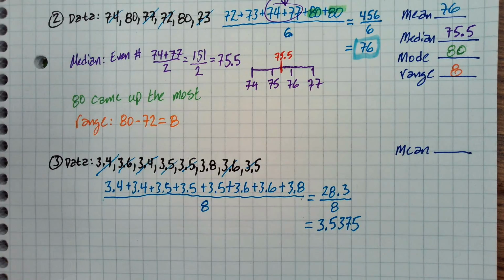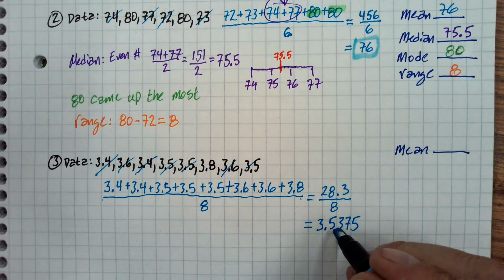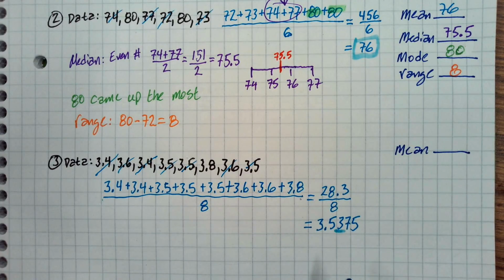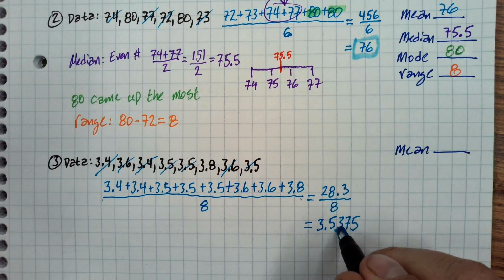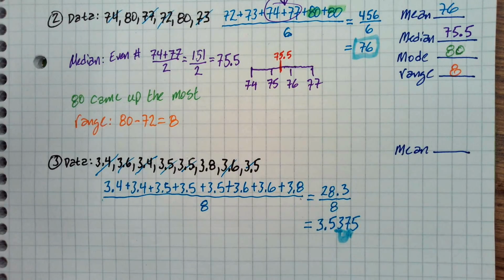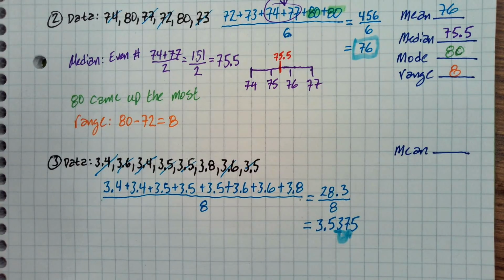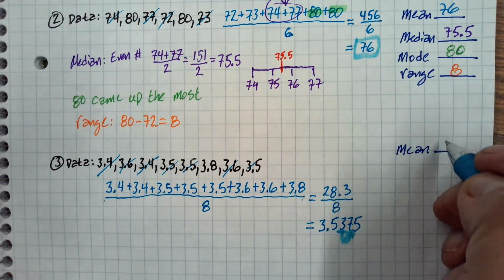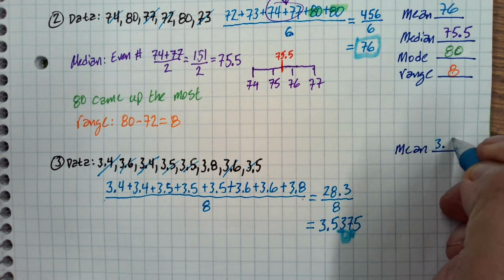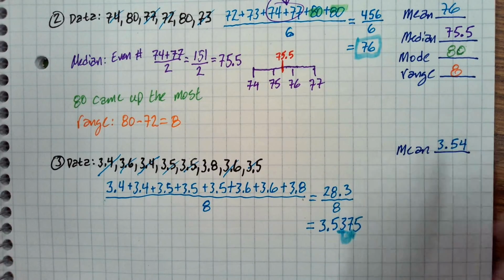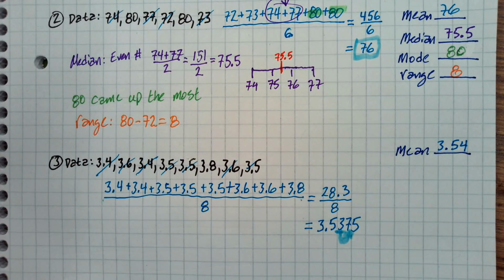All right, I'm going to round this to the nearest hundredth. So I have to take a look at this 7. Does this become 3.53 or 3.54? 3.54. The 7 tells us to increase the number in the hundredths place. So that's going to be 3.54.